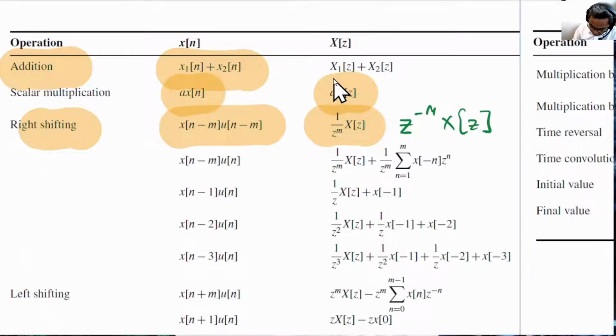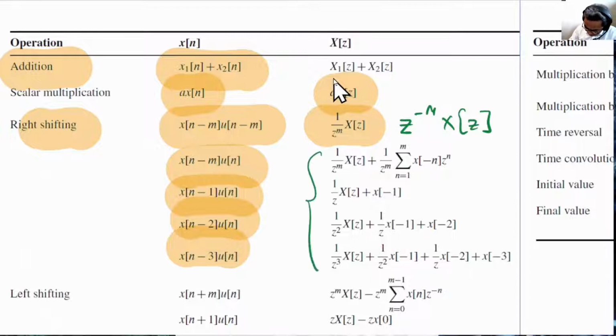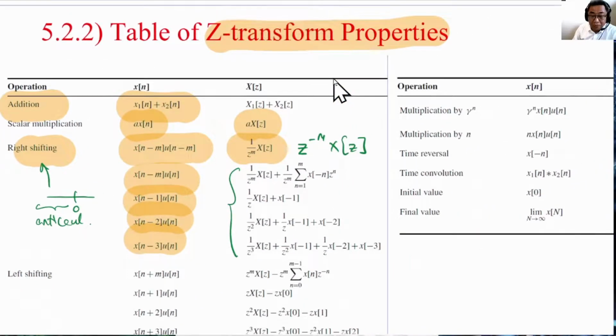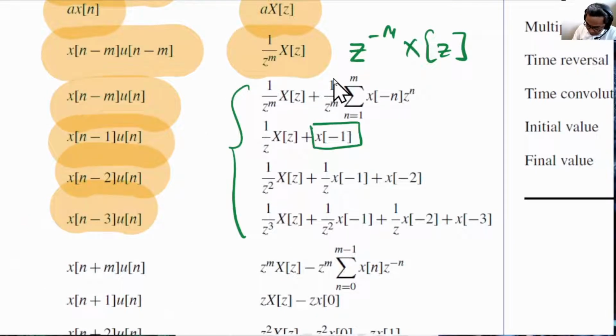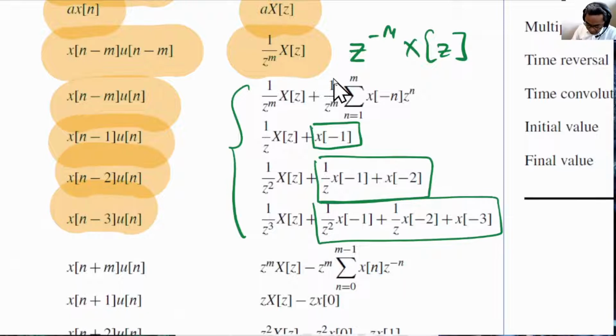The following entries deal with the issue where entries of x exist originally on the left hand side, which is the anti-causal part. Because we are doing right shifting, these entries will be moved to the right hand side, so we have to take care of them.